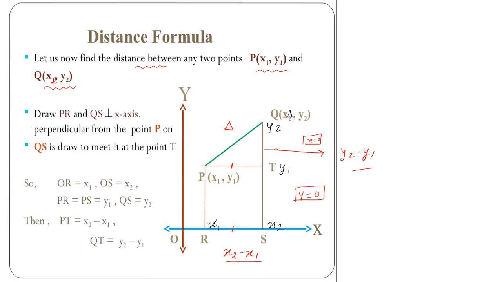So I have the base of this triangle which is x2 minus x1. I have the perpendicular of this triangle which is y2 minus y1. Now the point is the hypotenuse.